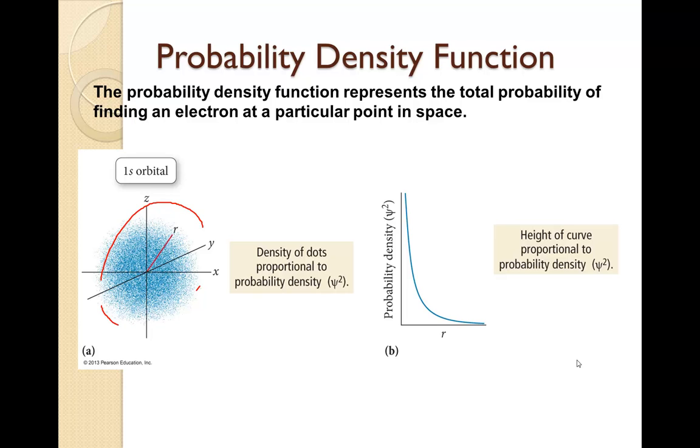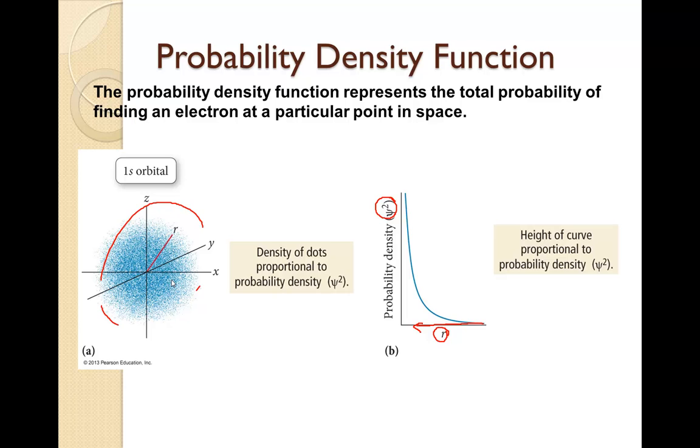And that's what this graph is showing us. R is for the radius. Psi squared is the probability. As you get closer to the center of the atom, the probability goes up, and that's why it's darker over here. Now, take a step back and look at the whole picture.